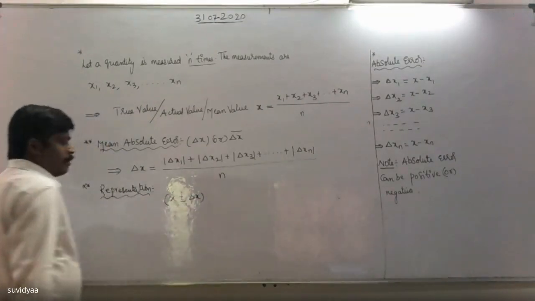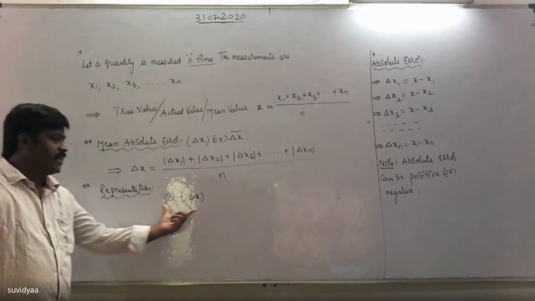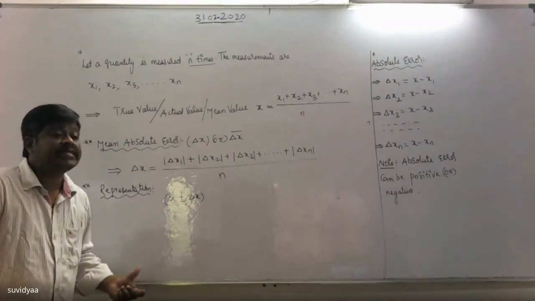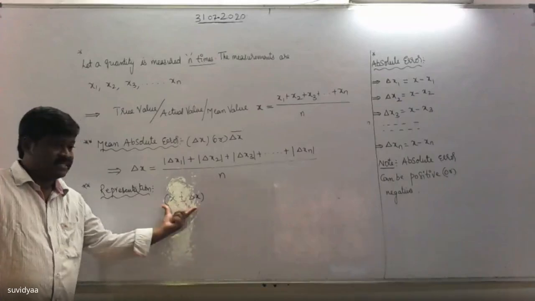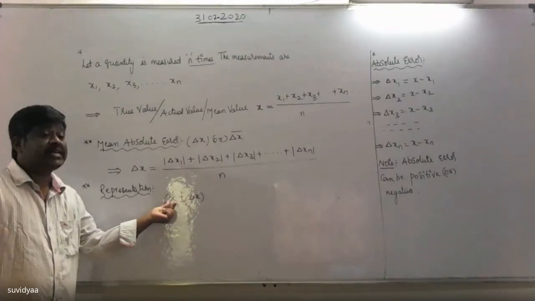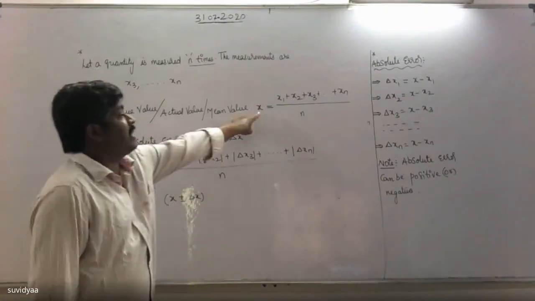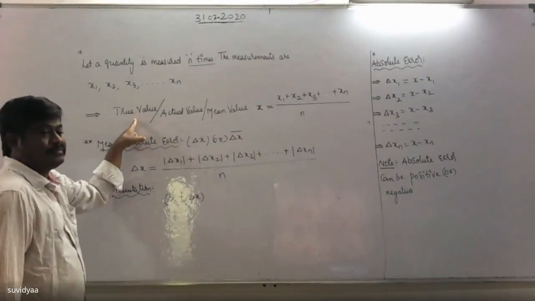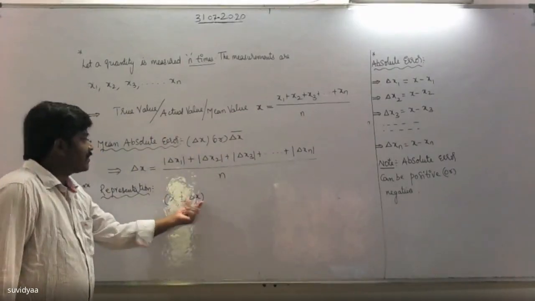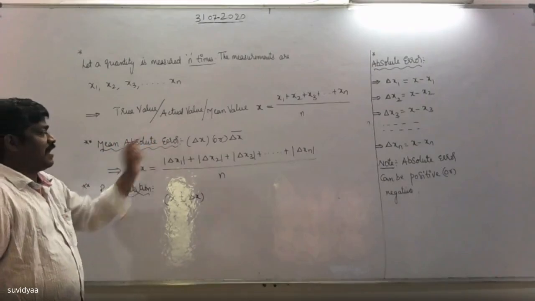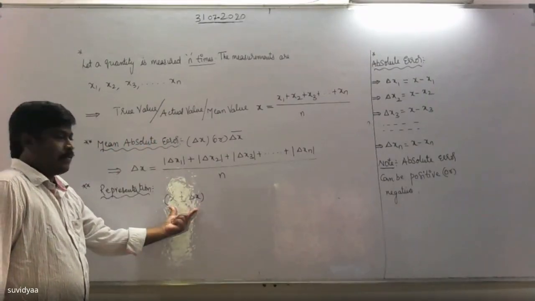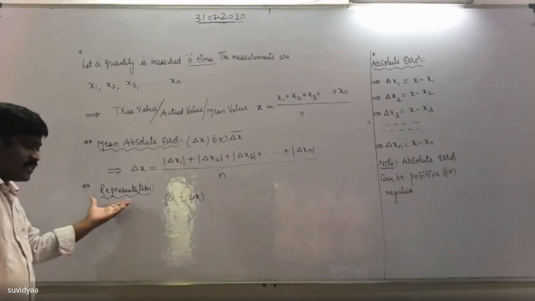This is the representation. You should write the result like this. What is x? True value. What is delta x? Mean absolute error. That's all. So representation.